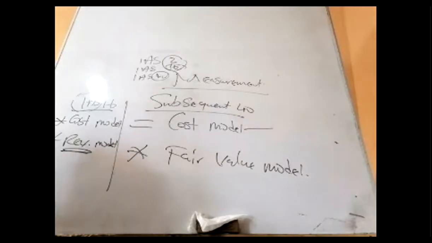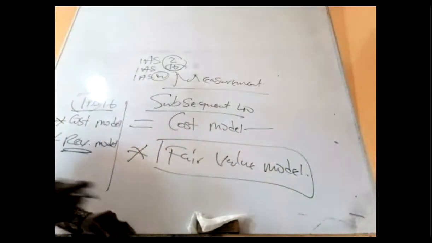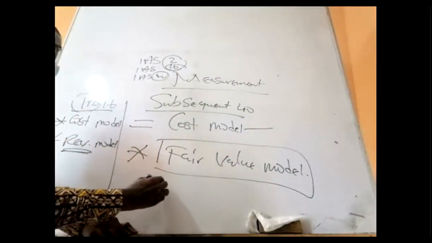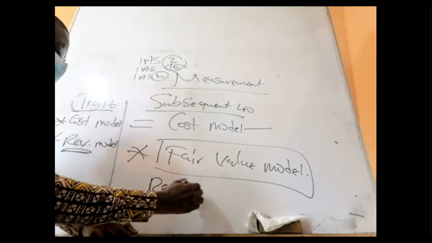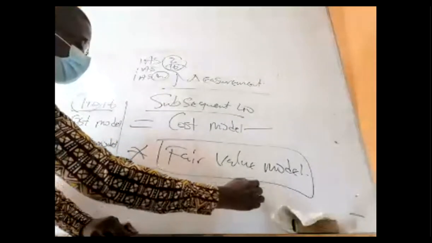Okay, so let's quickly look at it. Under IAS 40, we call it the fair value model. Under IAS 16, we call it the revaluation model.